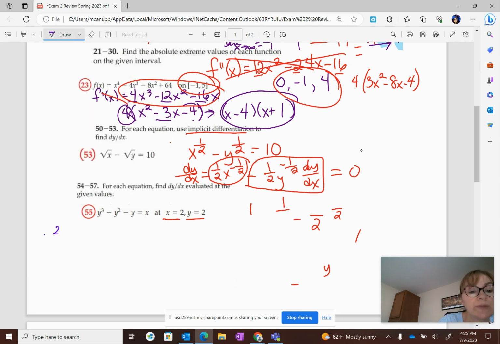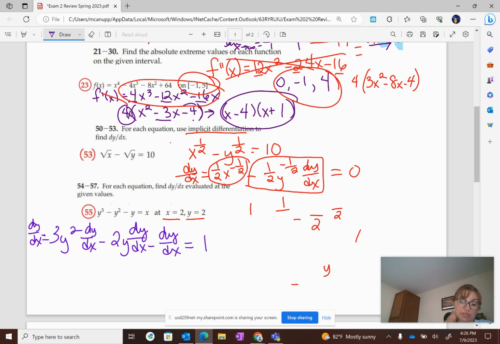So 3y squared, that's our dy dx, equals 3y squared. And we're messing with y, so we put on our dy dx minus 2y dy dx minus 1, but we have to add the dy dx, equals 1, because if you differentiate x, it just goes to 1.